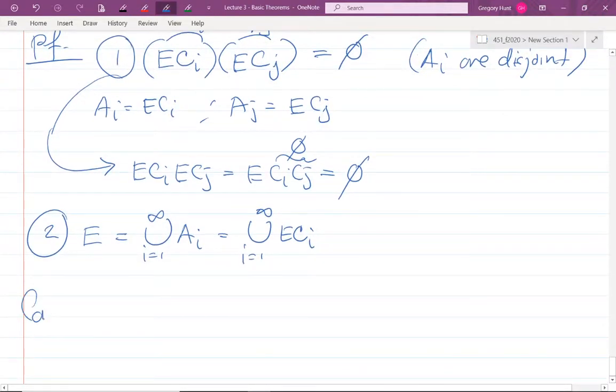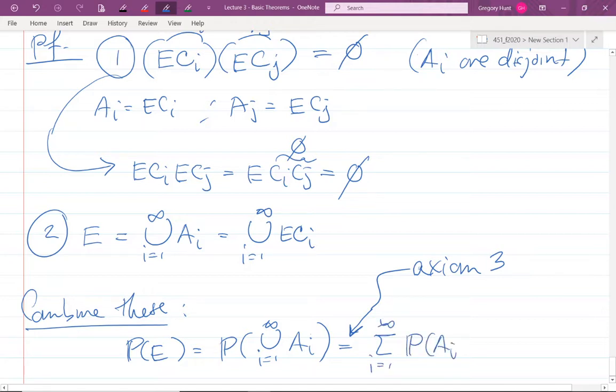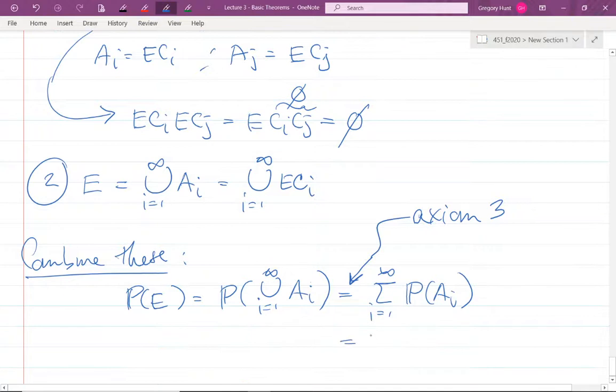And so if we combine these, what do we get? We get that the probability of E is the probability of the union, i from 1 to infinity, of these A_i. And now, because these A_i are disjoint, we can use axiom 3, and we can say this is the sum of the probability of these A_i, or the sum of the probability of E intersect C_i.